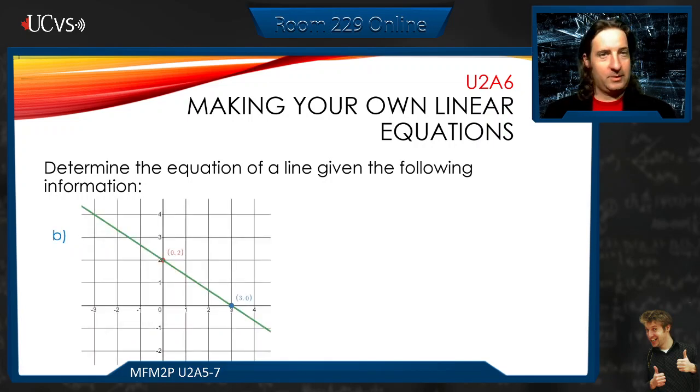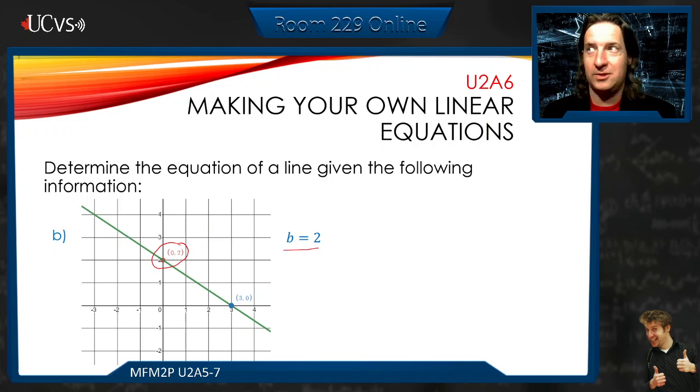Let's try another one. And then we're getting a little bit more difficult. In this case, they give us a graph, and they want us to come up with an equation. So how are we going to solve this? So right away, looking at this, I know my y-intercept. Right? I know that this hits the y-axis at a y value of 2. So right away, I know that my b = 2. I'm halfway finished the equation.